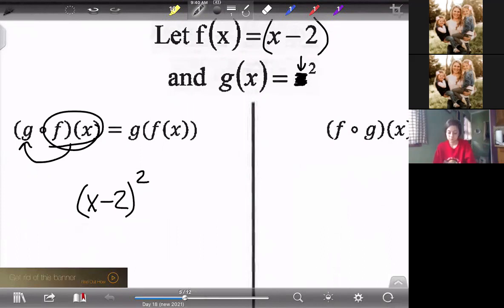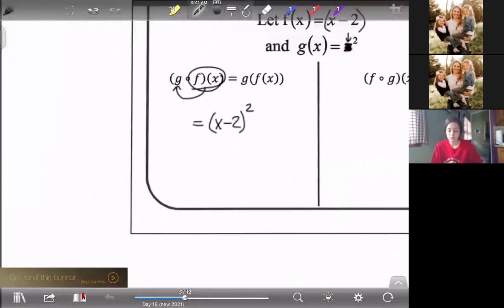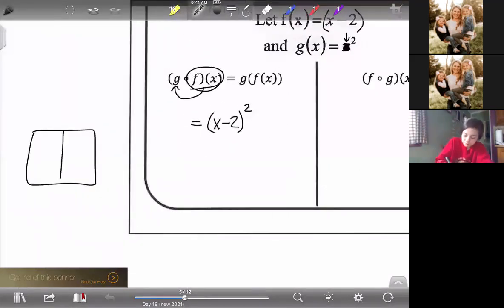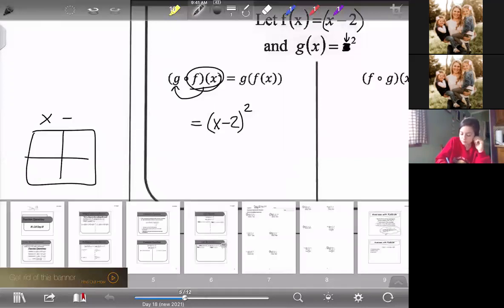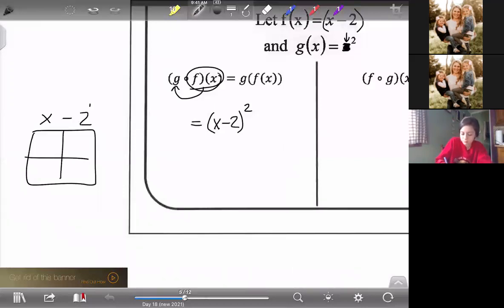So we took the x out of g of x and we replaced it with the entire function f of x, which happened to be x minus 2. And now we want to simplify this, which is just a box problem. So we're going to box x minus 2 off to the side. We're going to take x minus 2 times x minus 2.